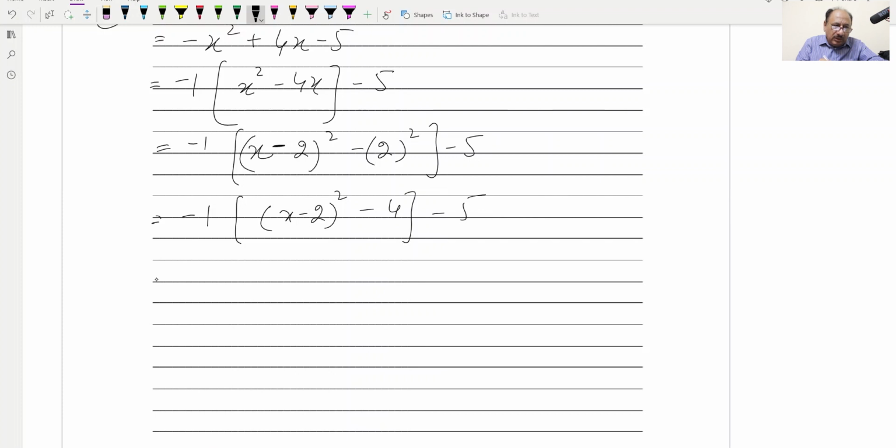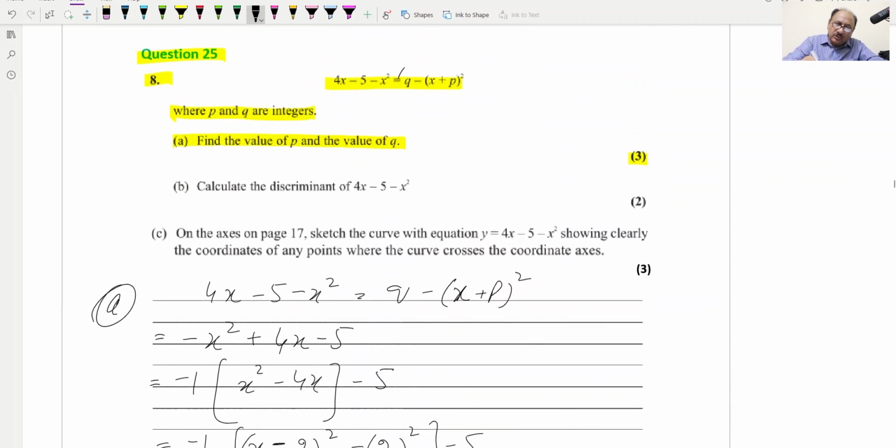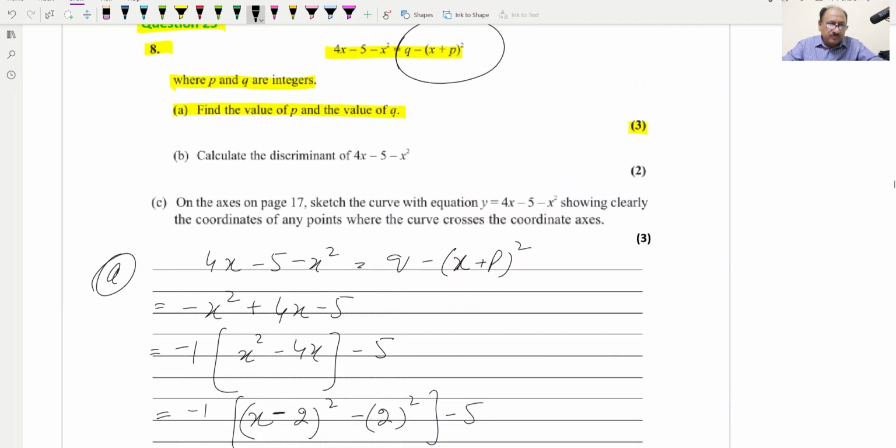Now we can multiply minus 1 inside, so it will be minus (x minus 2) squared and plus 4 and minus 5, and this will be equal to minus (x minus 2) squared and minus 1, and this will be in the required format, q minus (x plus p) squared.